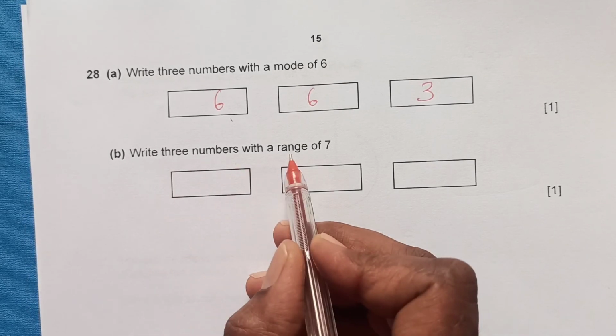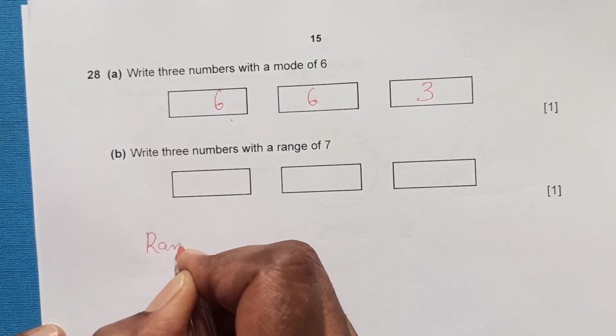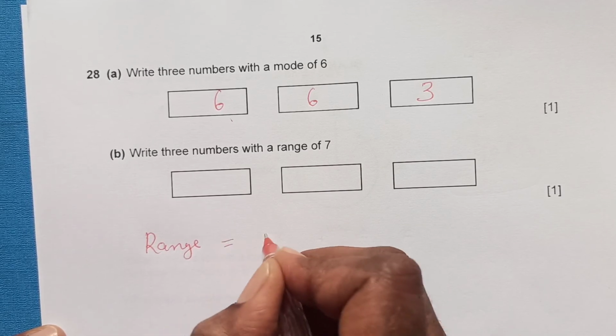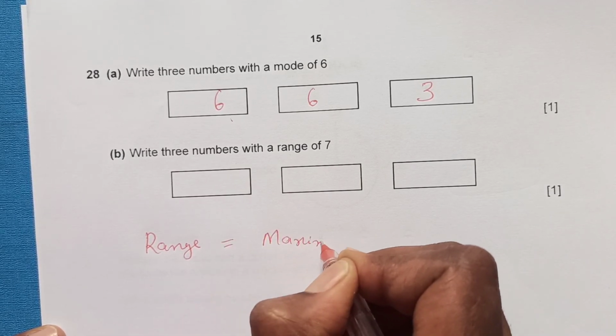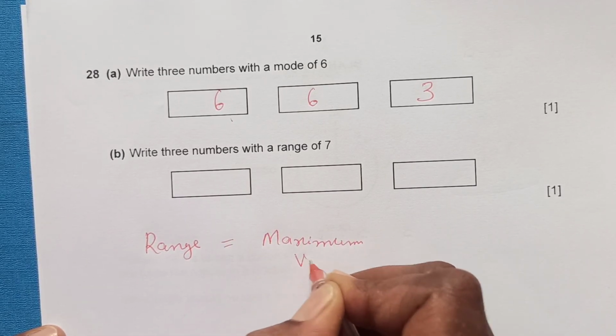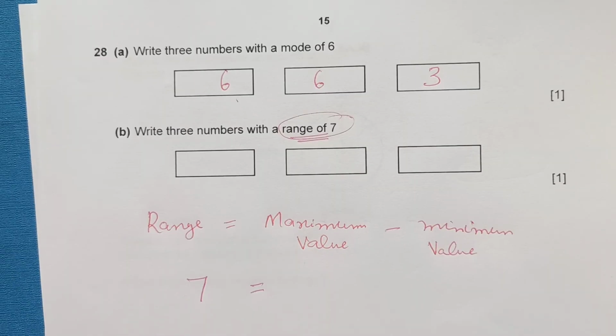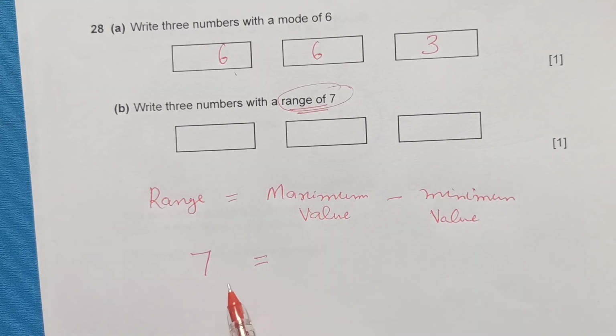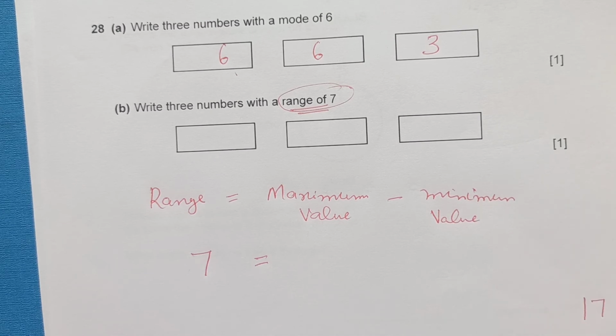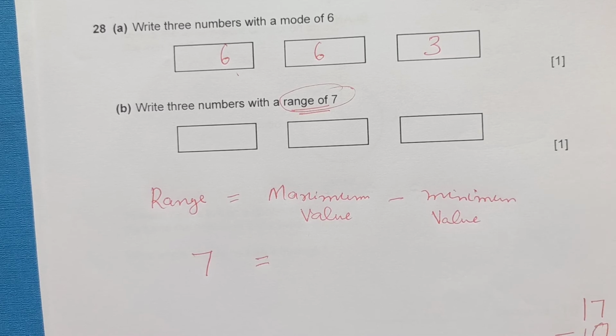Write three numbers with the range of 7. Now what is range? Range is the maximum value minus the minimum value. We can look for any numbers that give you a difference of 7. Let's say we can just take 17 minus 10.